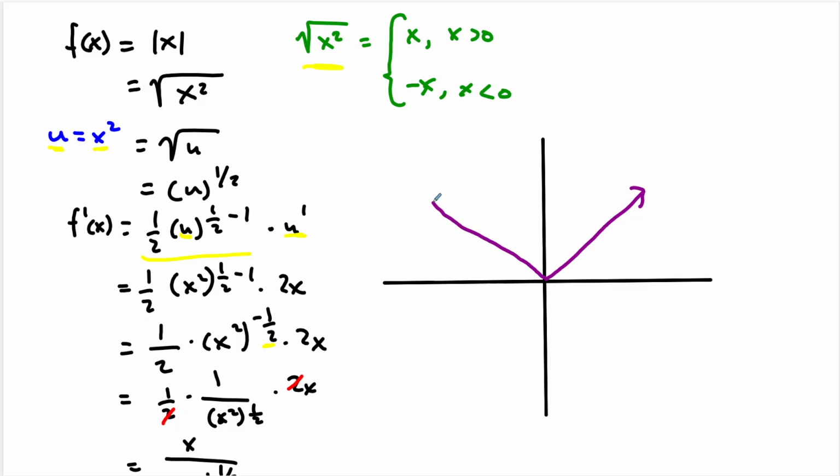Approximately, this is what the absolute value looks like. Let me use the line segment here. We can use orange, sure. This is our absolute value of x function.